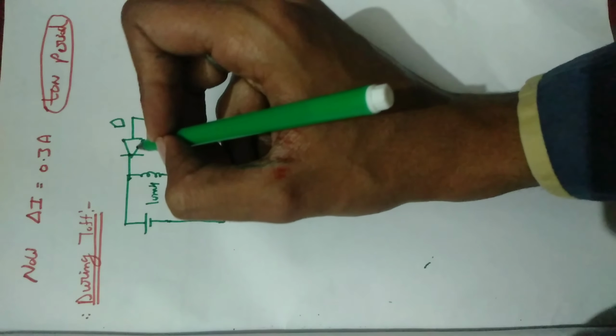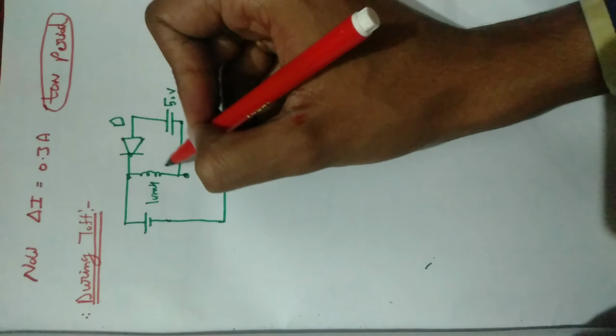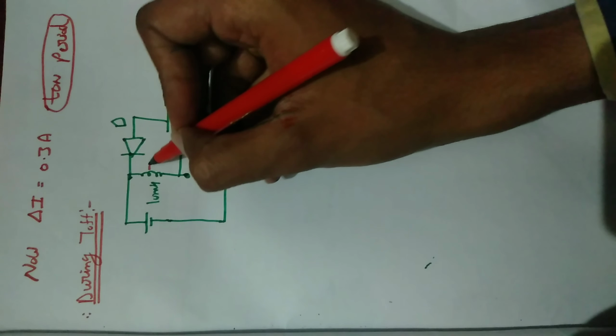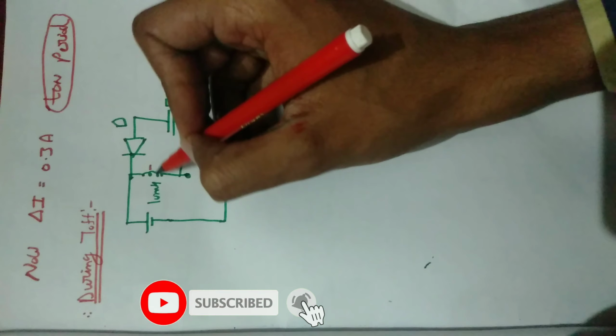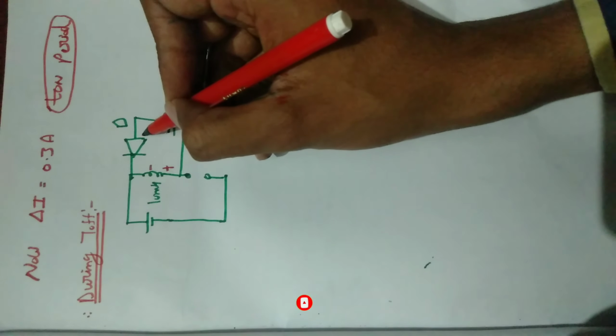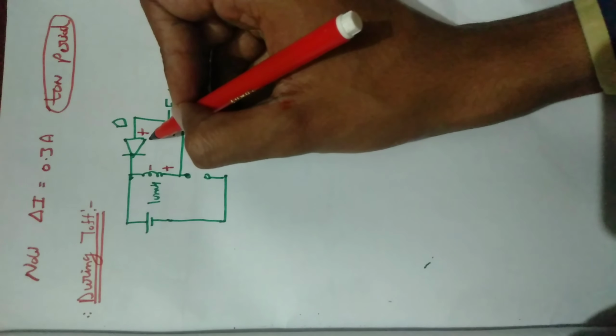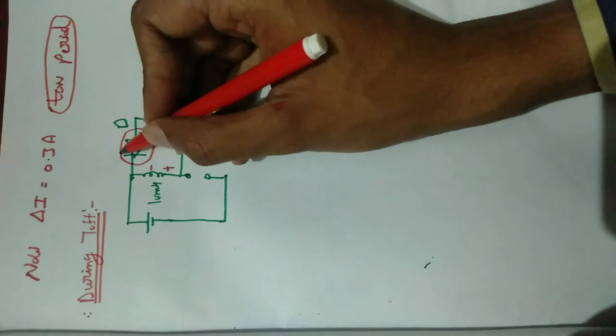Now what will happen? As the switch is open, the polarity of the inductor reverses. Now this voltage dominates, that's why the polarity of this will be more positive. Due to this positive polarity, the diode will be on.